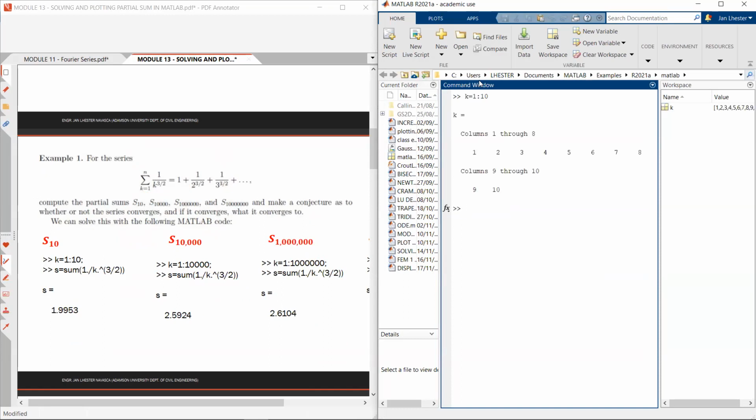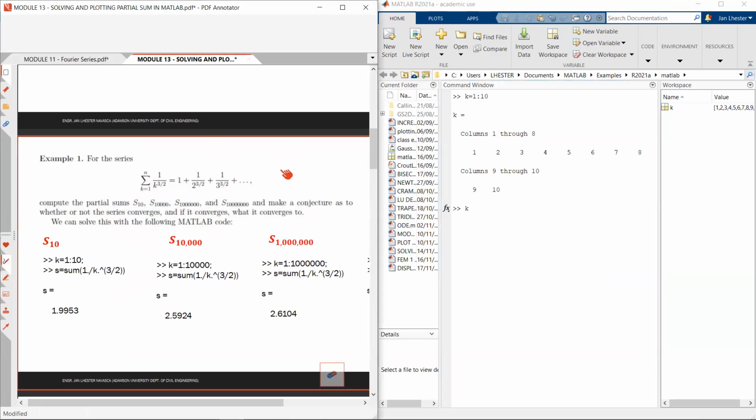You can see columns 1 to 10, which means Matlab created the values of k: 1, 2, 3, 4, 5, 6, 7, 8, 9, 10.